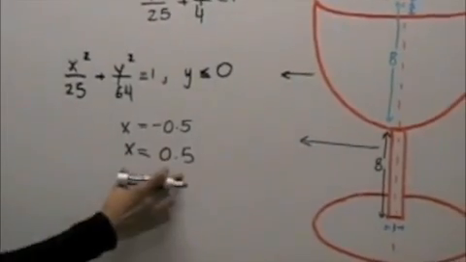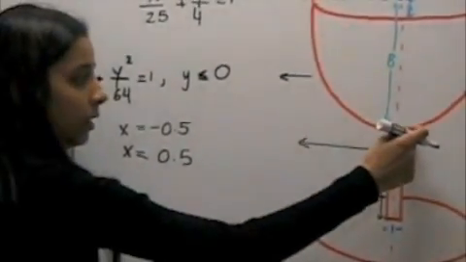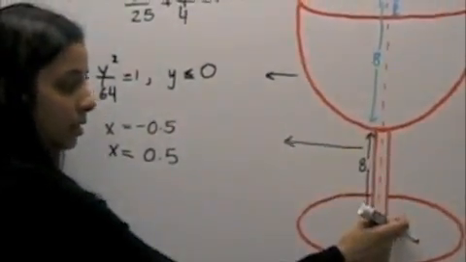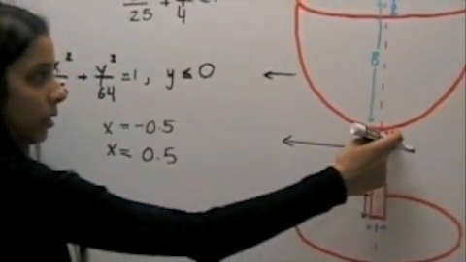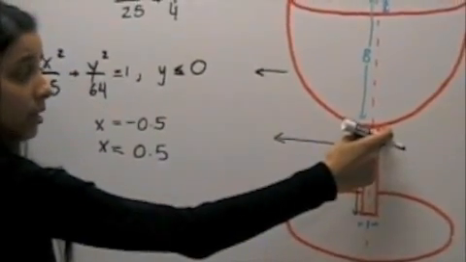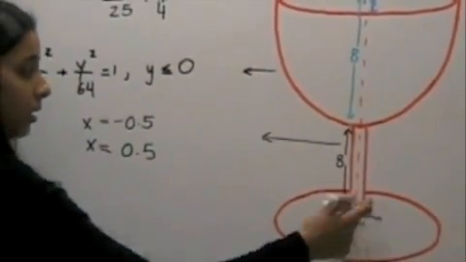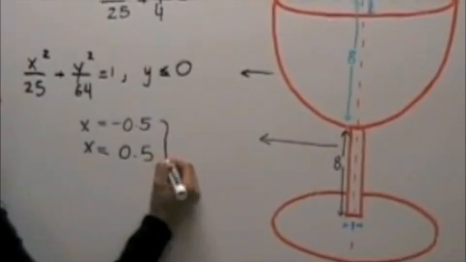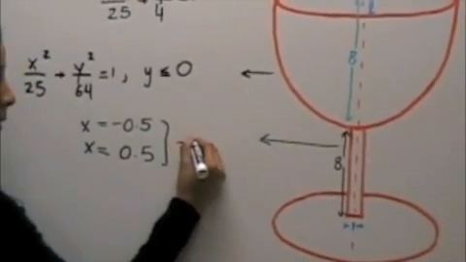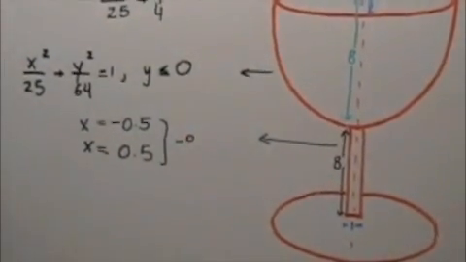Now, we only want these equations to hold true from this y value to this y value. We know that this y value is minus 8, and adding another 8 to that would be minus 16. So we're going to restrict these two equations for y between minus 8 and minus 16.